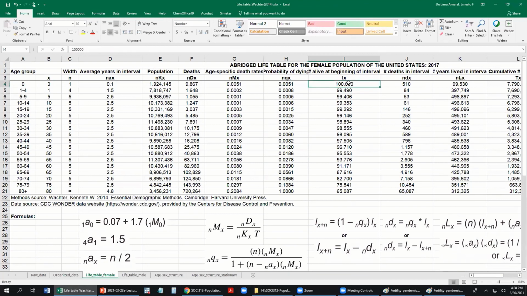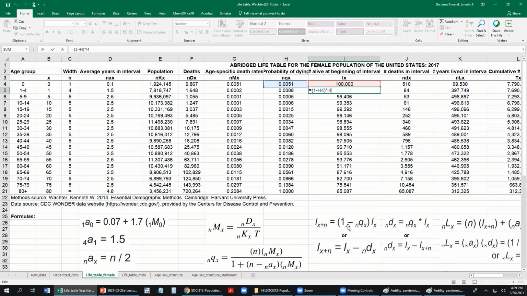These people are alive. If we multiply this times this, we get the number of people dying. This I can estimate as 1 minus the probability of dying, times this. 1 minus the probability of dying is what? The probability of surviving. So there are different ways to calculate the l.